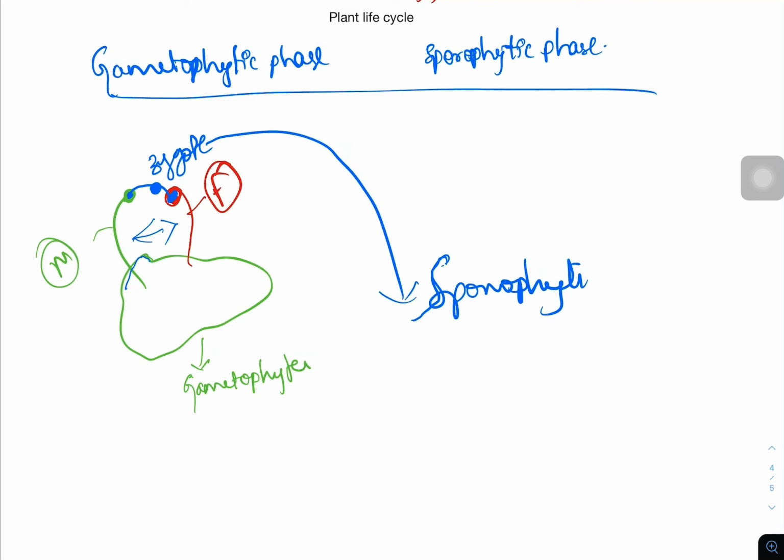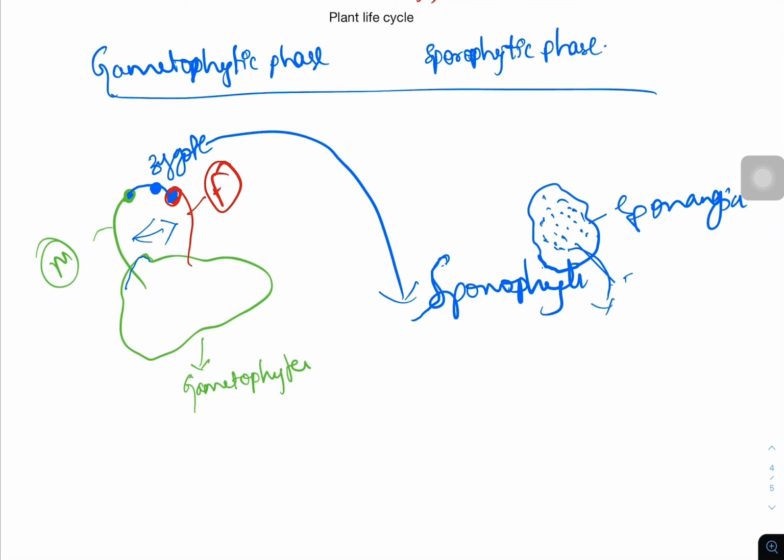Sporophyte is nothing but a part of the plant. This has a number of bulged structures called sporangia, which has a number of spores. Now what happens is, this sporangia within which the spores are there develops, and after developing, the spores undergo meiosis.